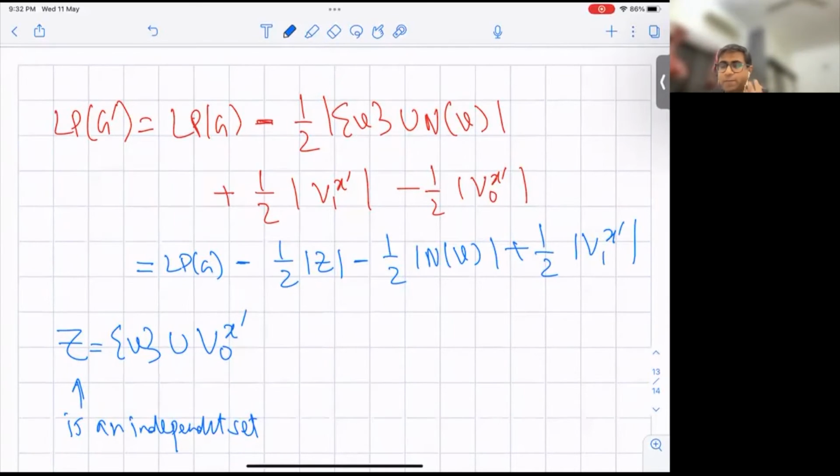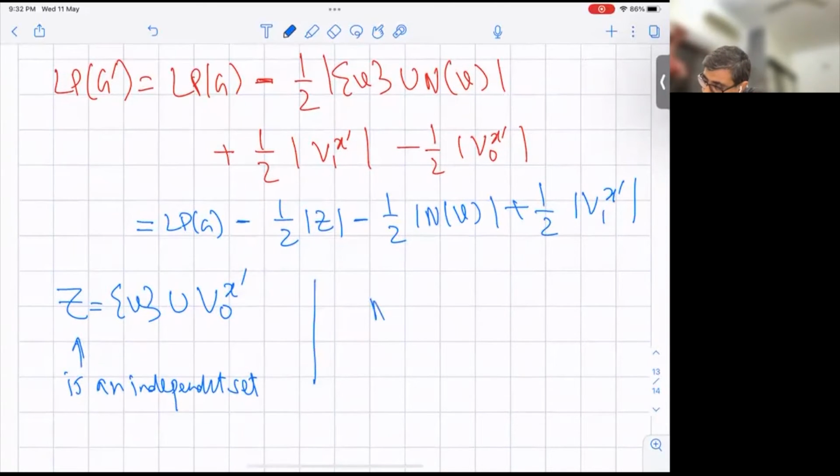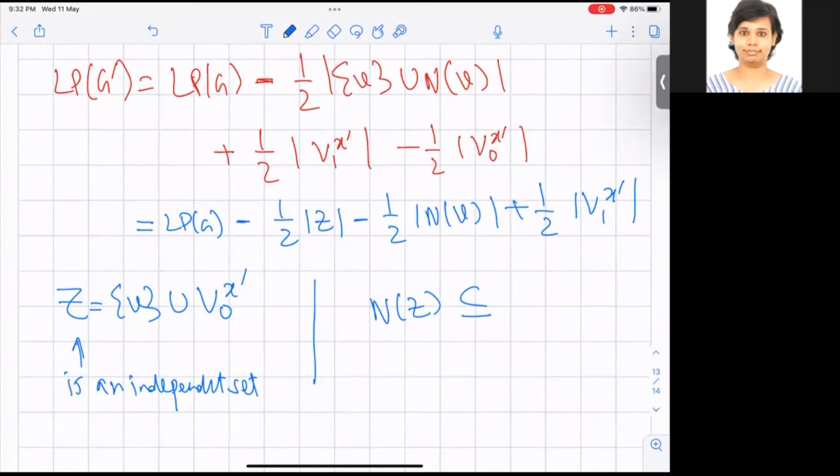Okay. Now notice, please tell me where the neighborhood of Z is contained. Where is the neighbor of V contained? In N of V. Excellent.